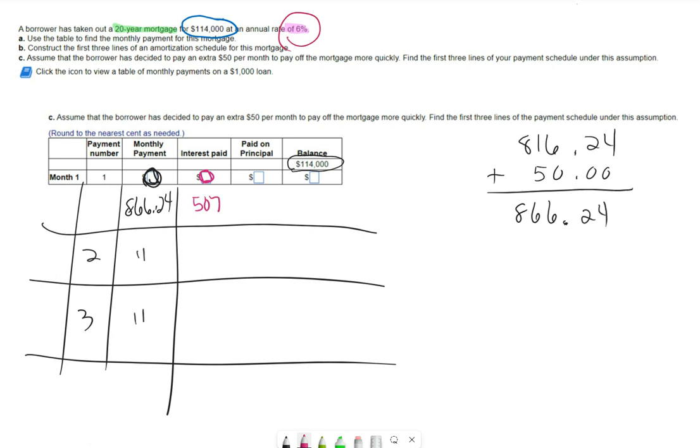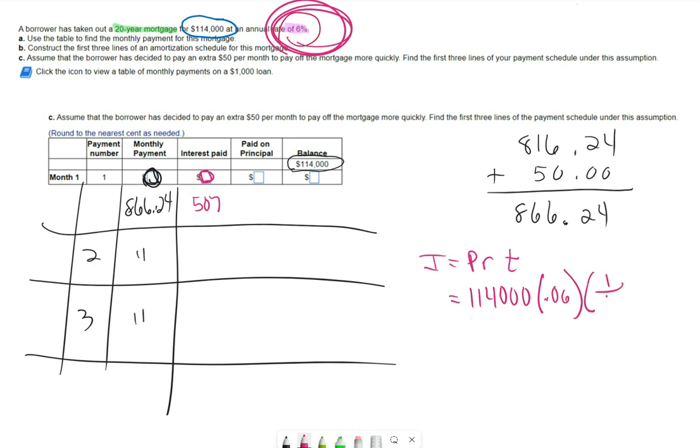Now, because it's still based on the previous month's balance. So that 507 came from interest is equal to principal times rate times time. You put the $114,000 for principal. The interest rate up here, 6%, so that's 0.06. And remember, it's 1 month time, so 1/12. And when we did that, we got the 507.